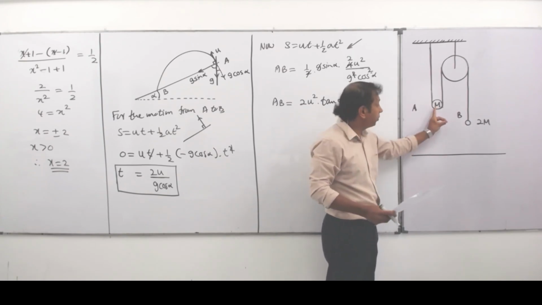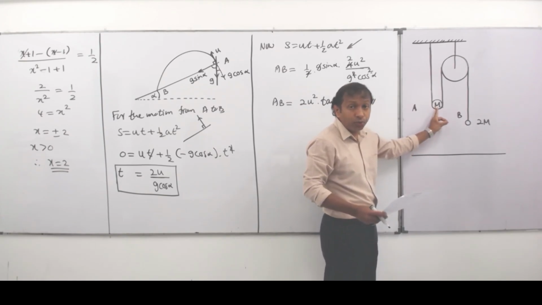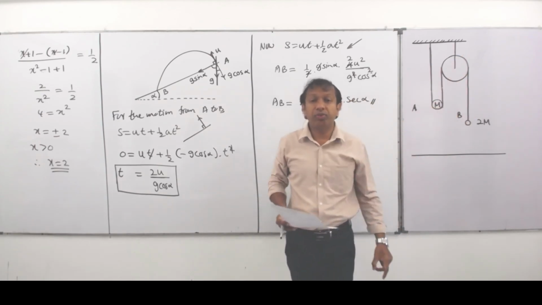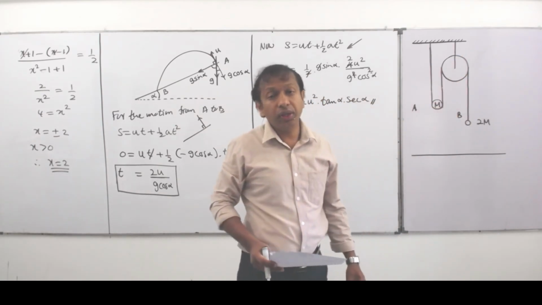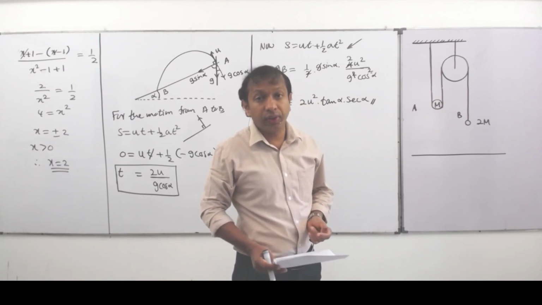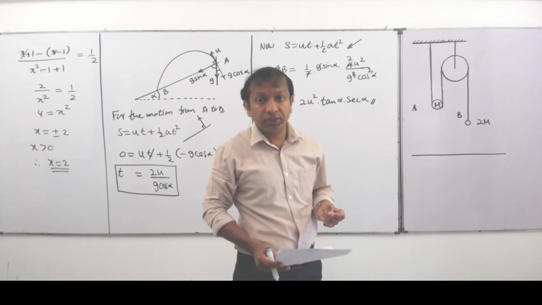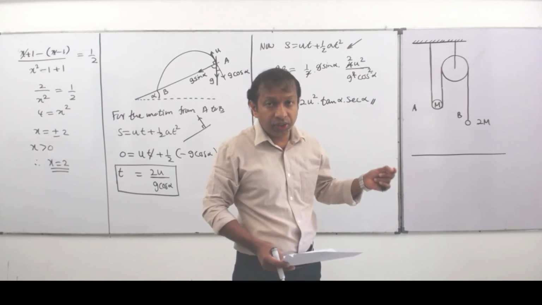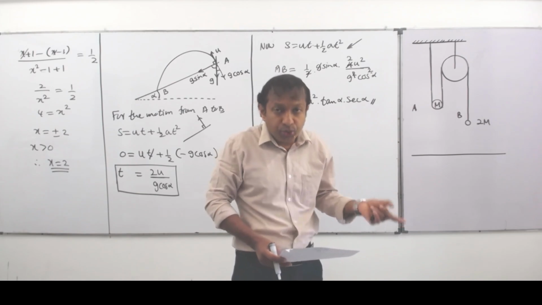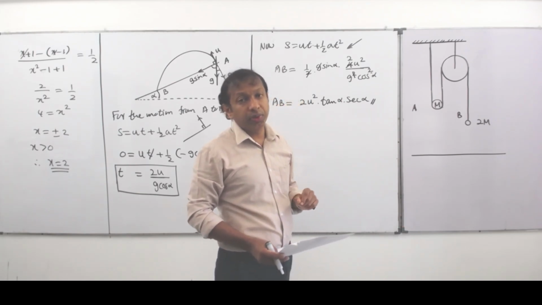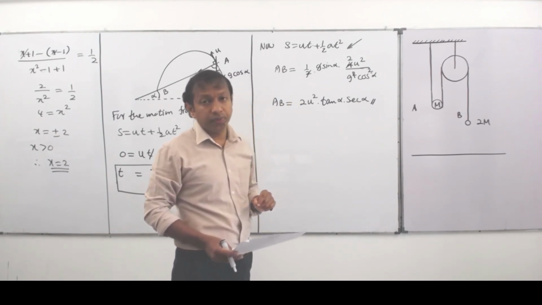But at that moment, particle A was moving upwards with a certain velocity. Using that as the initial velocity, particle A moves under gravity until its velocity becomes 0. Then it rises another height under gravity. The total is the height ascended by particle A.